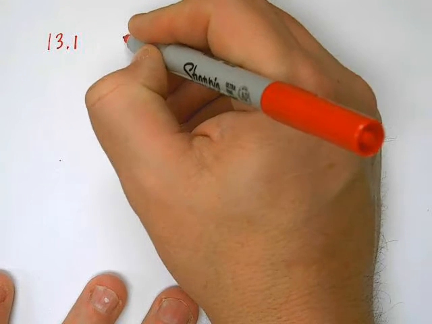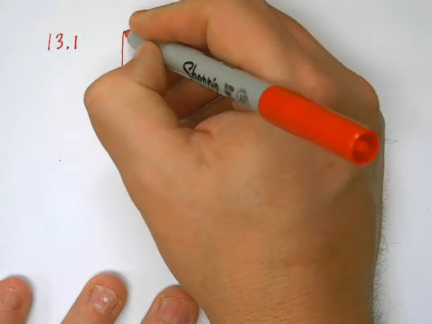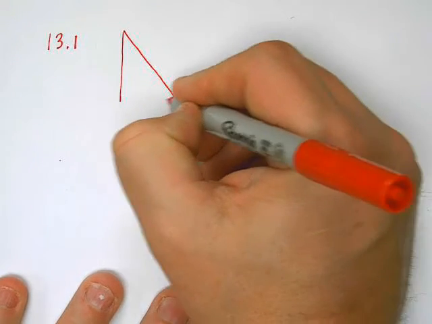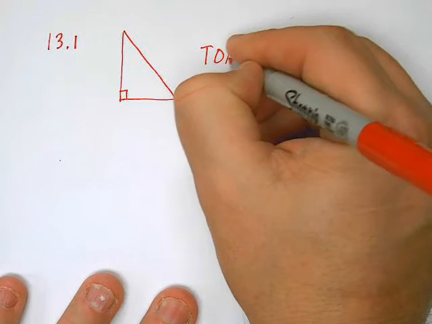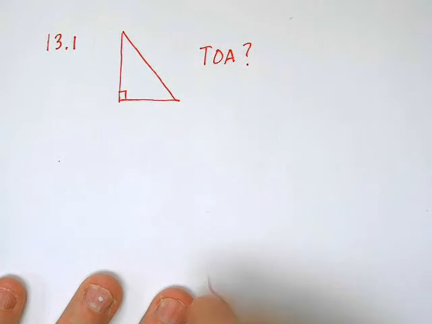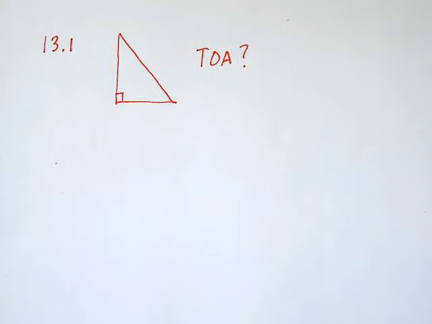All right, so let's say that we're talking TOA. What does that mean, Crawfie? Darren, what's that mean?